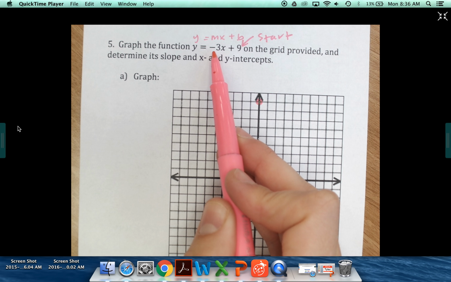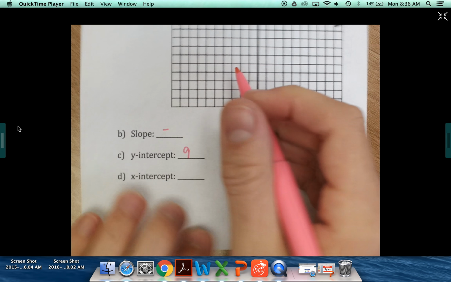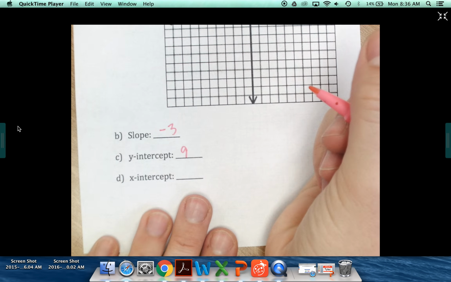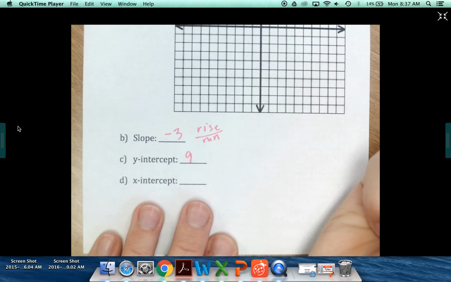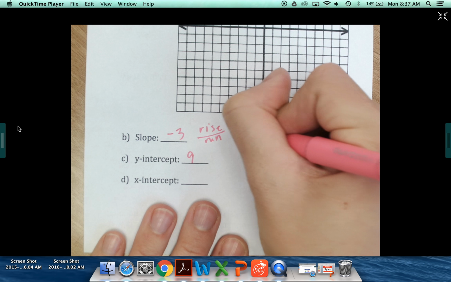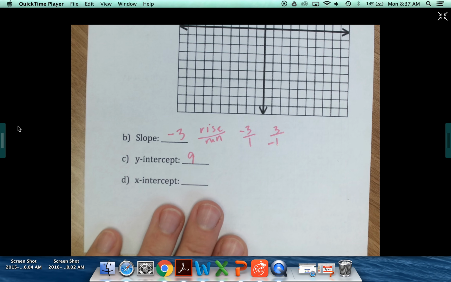Our slope is -3. The number with the x is our slope. Written as a rise over run, we'll have -3 over 1, or we can put the negative with the 1.